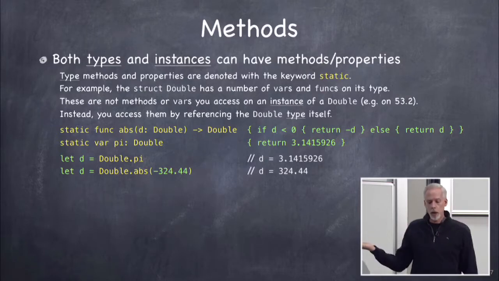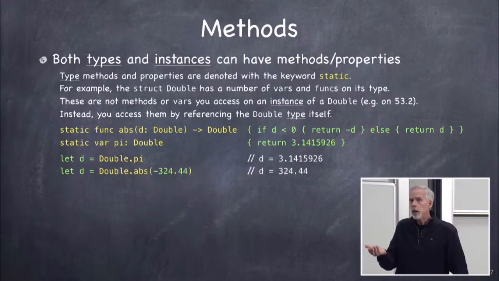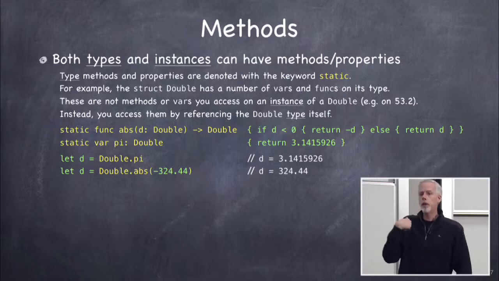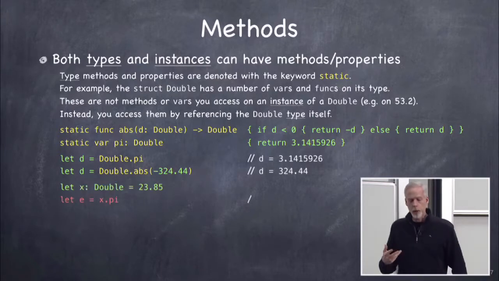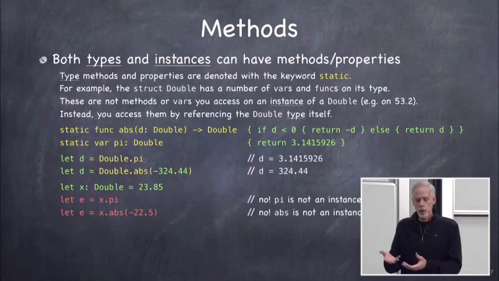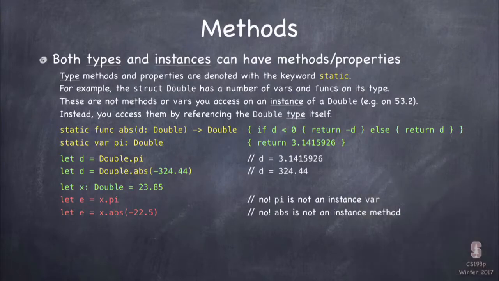But it also has other methods like abs. Abs takes a double value and returns the absolute value of it. That is on the type. You say double.abs, double.pi. As opposed to, for example, if I had a double, like I let x equal 23.85, so x is now a double, I can't say x.pi because x is an instance of a double. You see the difference between saying x.pi, trying to send pi to an instance, versus sending pi to the type double.